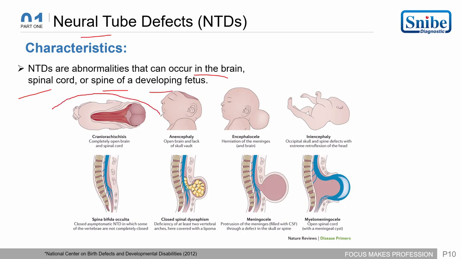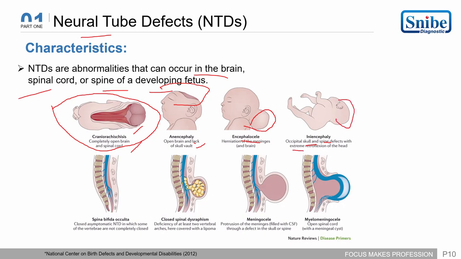There are a few examples: craniorachischisis and anencephaly, which are typically a completely open brain and spinal cord, with an open brain and lack of skull wall. Then the encephalocele, a herniation of the meninges and the brain, and then iniencephaly, an occipital skull and spine defect with extreme retroflexion of the head.